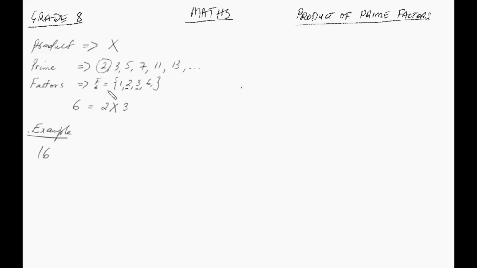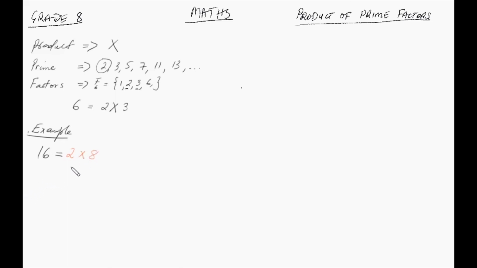It's just a tip I'm giving you, a hint. Now 16 will be equal to, then what do you do? You just start with 2, divide 16 by 2, you will have 8. That means 16 equals 2 times 8.